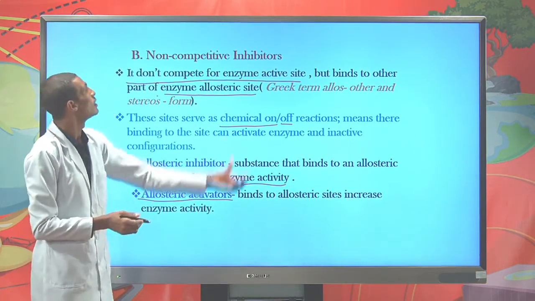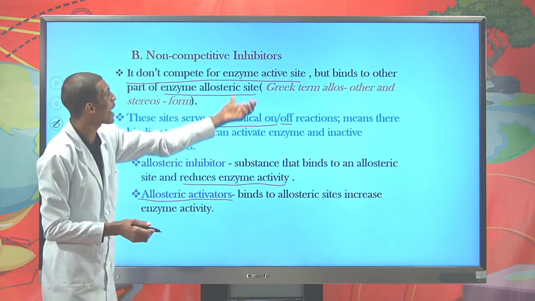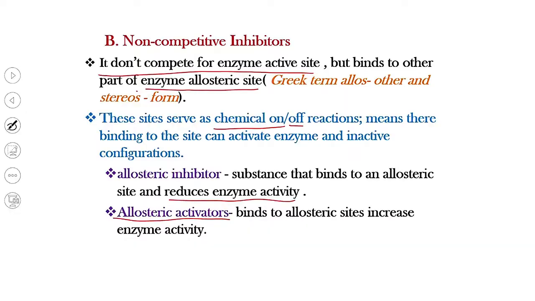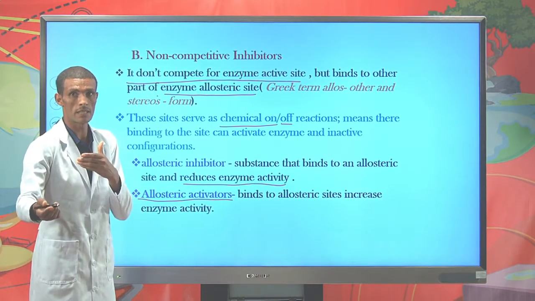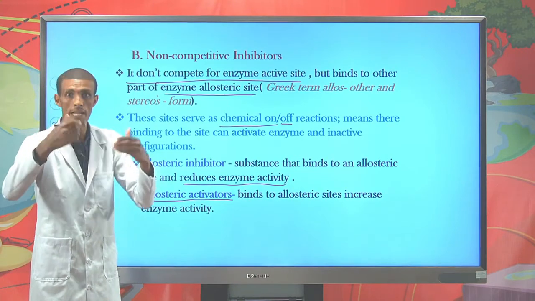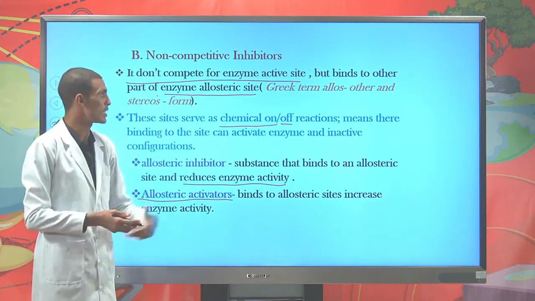So, a non-competitive inhibitor binding to the other site of the enzyme, called the allosteric site, can have an off system and an on system, increasing the rate, activating, and again reducing the rate, deactivating.